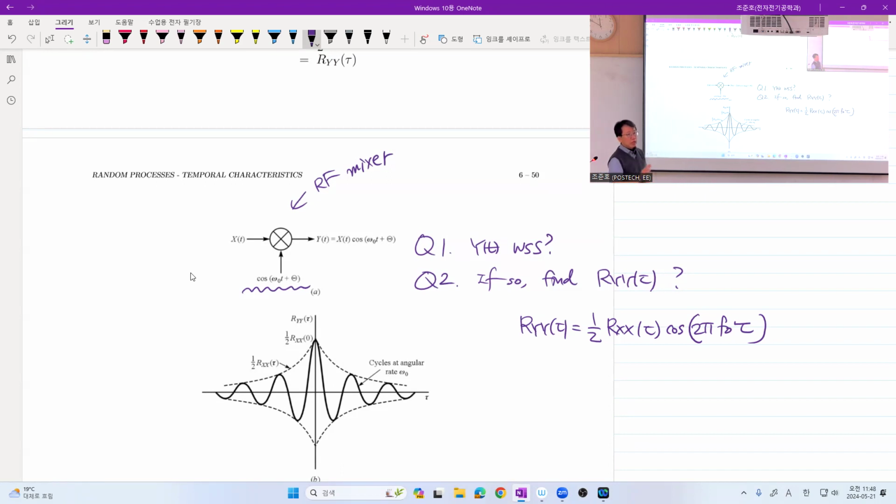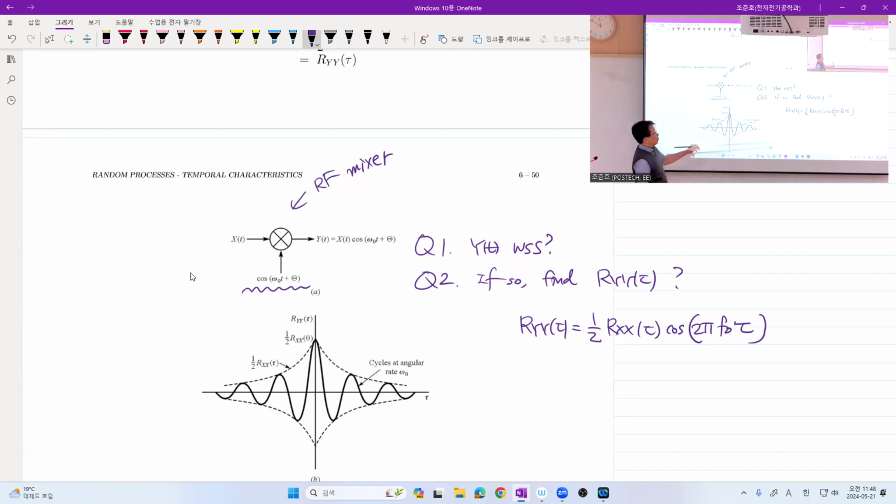Wide-sense stationarity of x of t implies the mean of x is constant and its autocorrelation function is a function only of the time difference. By using only these two facts, you can show that y of t is also wide-sense stationary.